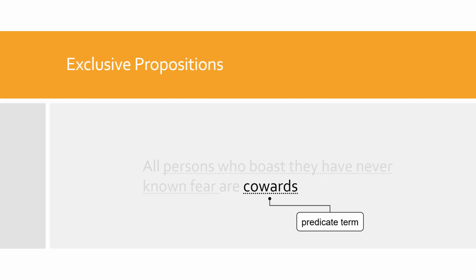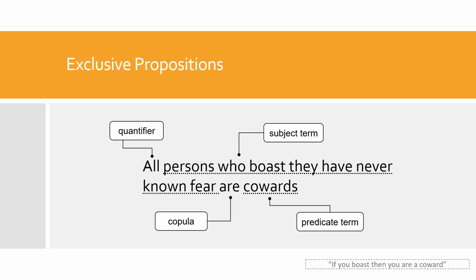Since we know cowards are our predicate term, just put that at the end of the statement and then start working yourself backwards. What has to go right in front of cowards is our copula, which is just the verb to be. So put an are in there and then sort out your subject term and figure out which quantifier it's going to be, which is typically a universal. And notice the result is all persons who boast they've never known fear are cowards, which is really just another way of saying if you boast, then you're a coward.